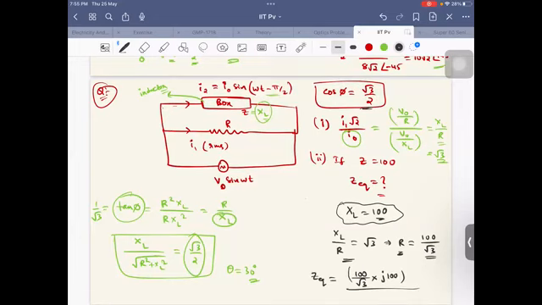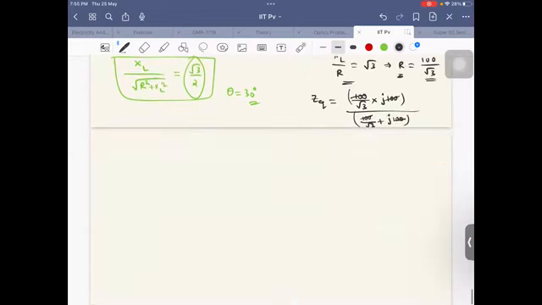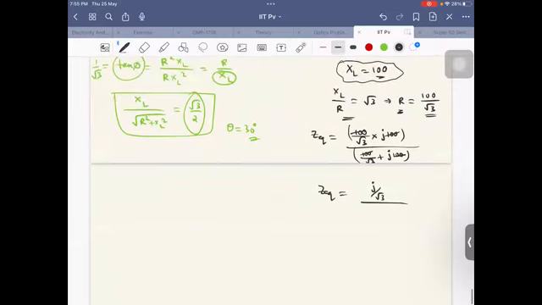What is Z1 plus Z2? 100 by root 3 plus J into 100. So the hundreds will be cancelled. Then what is left? Oh sorry, only 100 will be cancelled, my bad, because in the numerator multiplication is there.